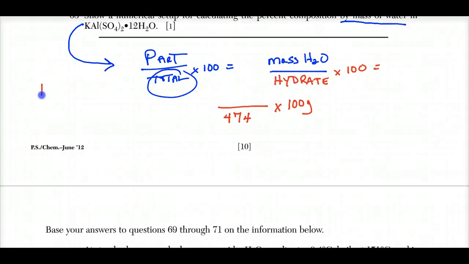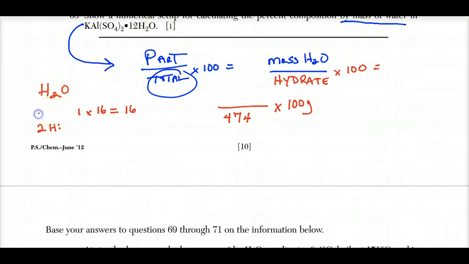If you don't know that, you do a formula mass. For 1 oxygen, 1 times the atomic mass of oxygen, which is 16. Let me just change how I would do this.